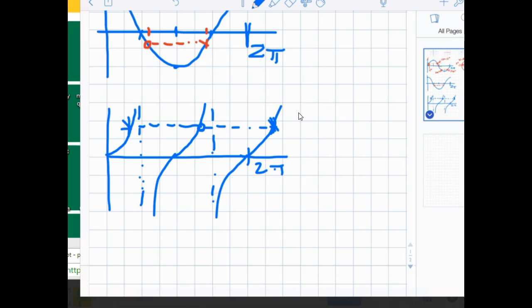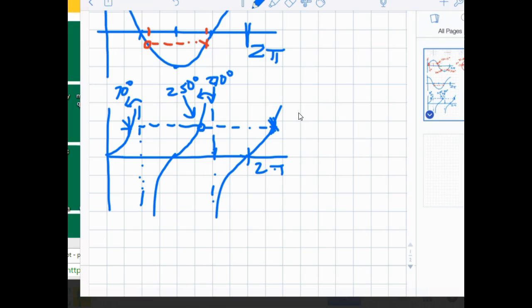And then you can see, let's say that this was, I don't know, 250 degrees. Right here it's 270 degrees. So you say, oh, I'm 20 degrees from the asymptote to the left. So this would also be 20 degrees from the asymptote to the left. So it would be 90 minus 20, so this would be 70, for example, right?